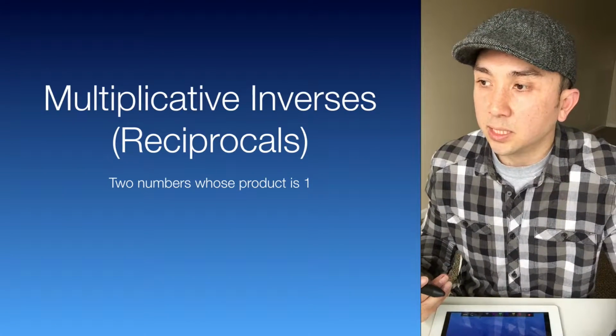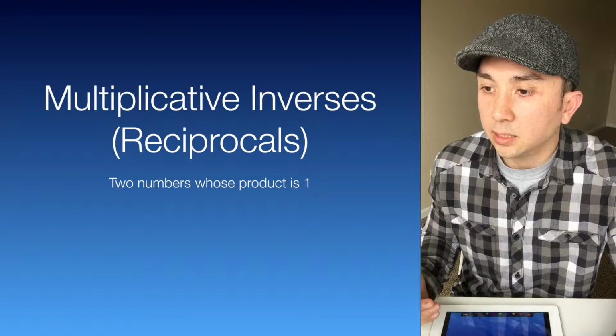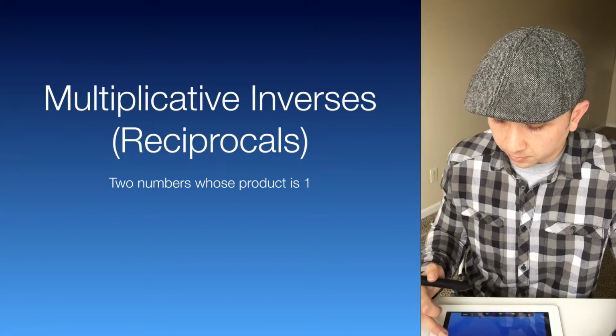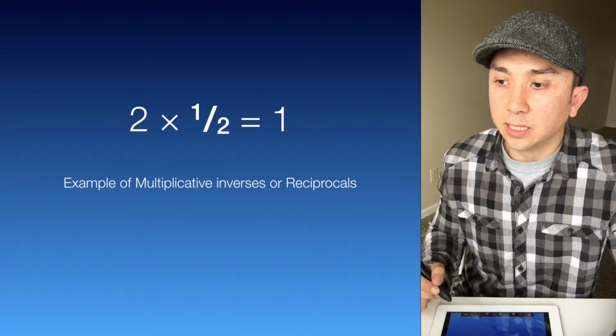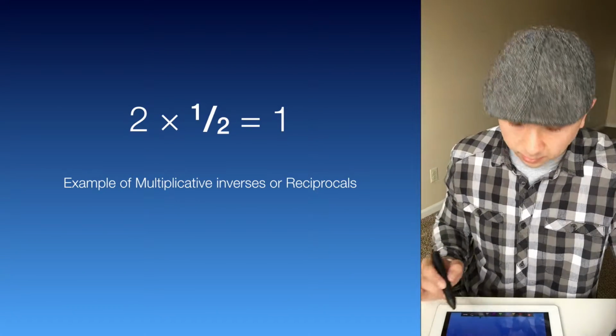So the multiplicative inverses, or reciprocals, are two numbers whose product is 1. Here's an example of a multiplicative inverse or reciprocal.